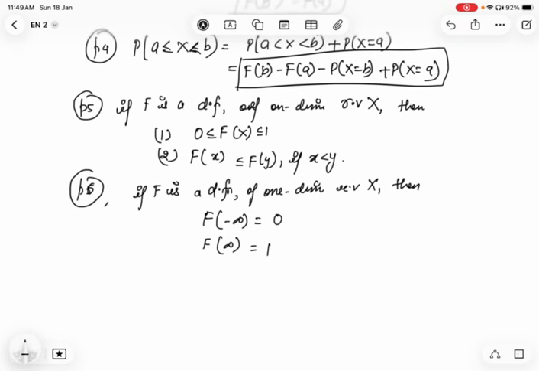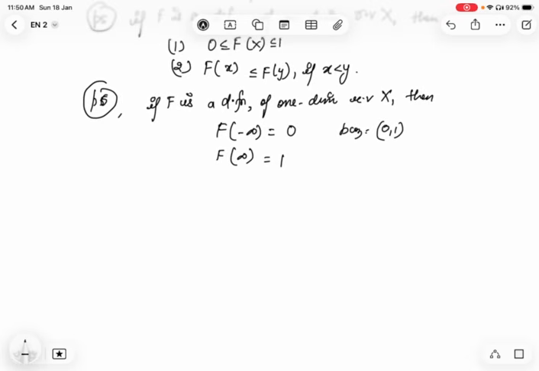So whenever you put minus infinity in a distribution function, it will go to 0 because its range is between 0 and 1, and whenever you put infinity it will equal 1.